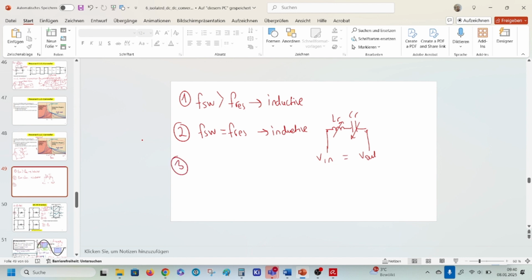And third, if switching frequency is below resonance frequency, that means the capacitive portion impedance would dominate the whole circuit, and this will be capacitive. This is okay, this is okay, but this is not okay.